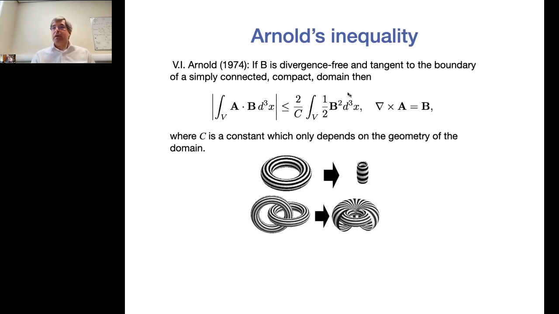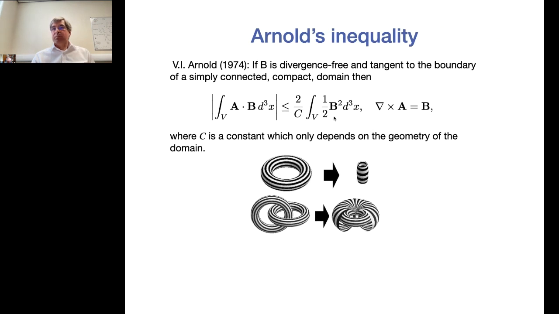And the inequality is applied to a simply connected and compact domain with a magnetic field, which is divergence-free and tangent to the boundary. And it says that the magnetic helicity, or more precisely the modulus of the magnetic helicity, is less or equal to a constant c times the integral over B squared, or B squared over 2, the magnetic energy.